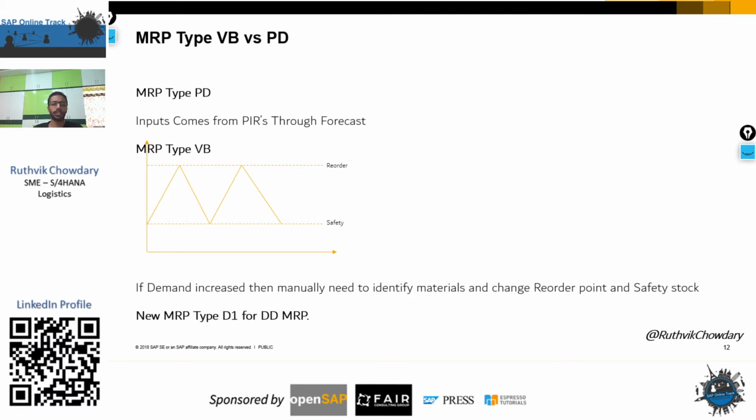There is nothing like we have to go into the system and into each individual material, or develop some program, something like that. Nothing. DDMRP comes with a different set of applications. Using those applications, we can do the mass change. How it will be done and how the parameters will be set, we'll be seeing.